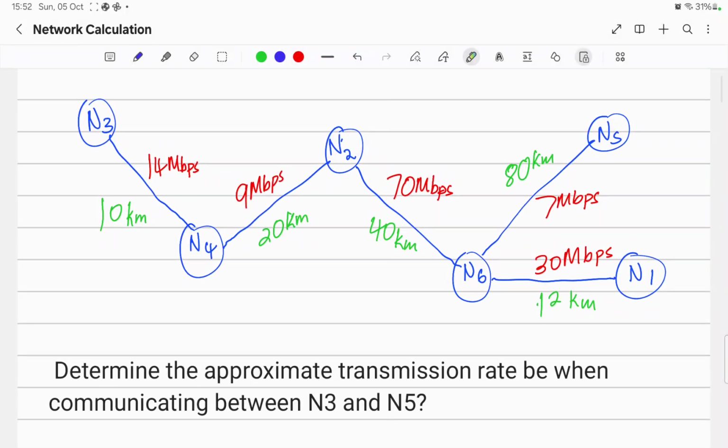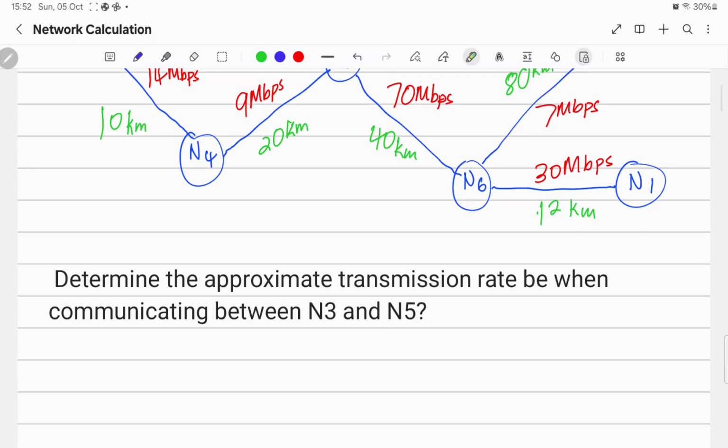Say we are given this fiber network with 6 nodes, 1, 2, 3, 4, 5, 6, and written in red here, these are the transmission rates, and then here written in green, these are the distances between each node.